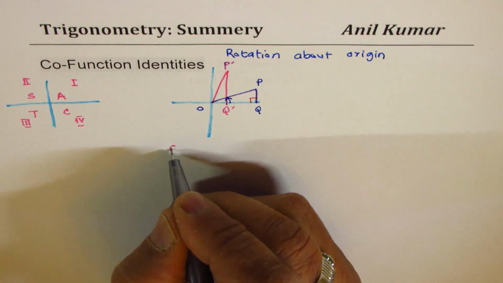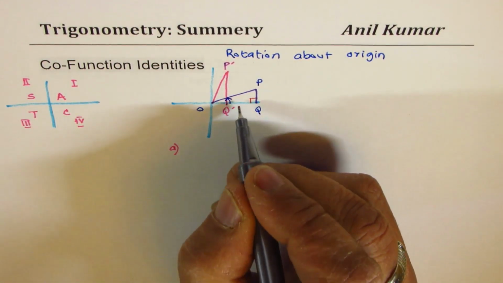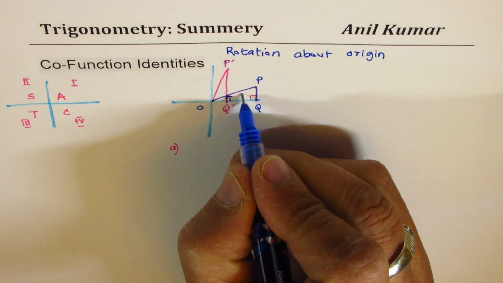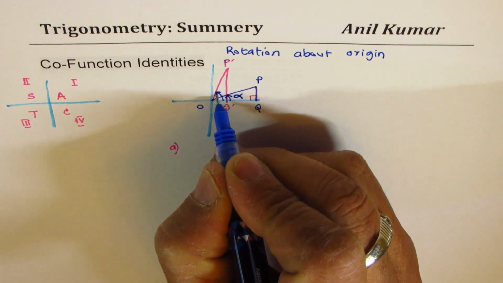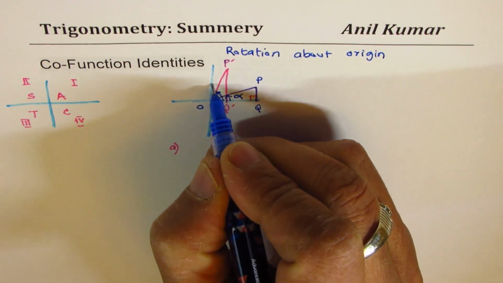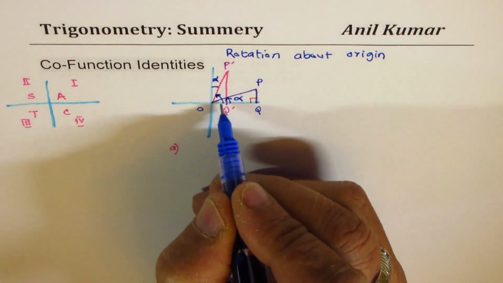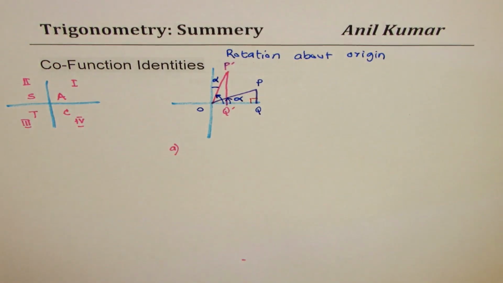So in case 1, let's say A, we have a rotation so that if the initial angle was a related acute angle alpha, now what is the angle? Now this is alpha. Do you see that? That is alpha, right? So that angle here is 90 minus alpha, correct?